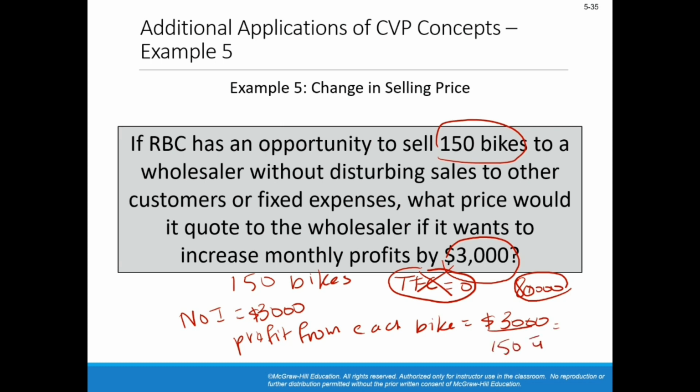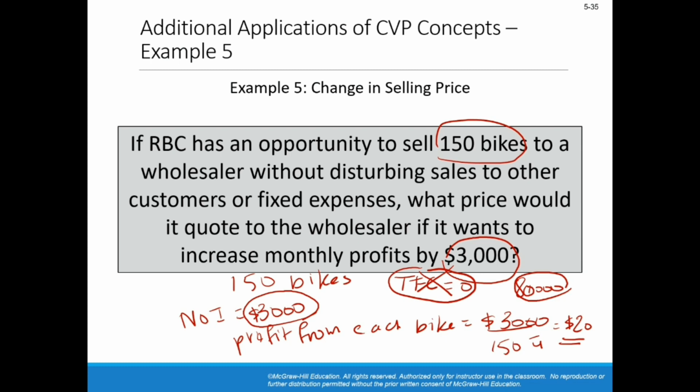And this will get us $20. Okay, so each bike must make a profit of $20 so that I can make a total profit from this transaction of $3,000.